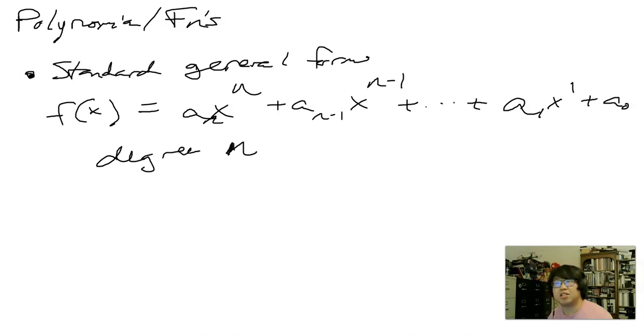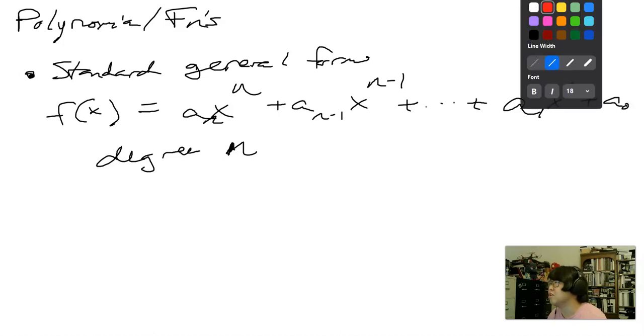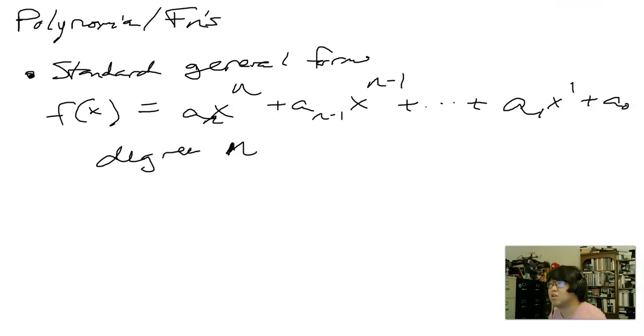And it's in the form where you have the highest degree first and the constant last. There's no x at the very end there, it's just the constant. So let's label these here as well. Degree n, the nth term, should always come first. And in addition to that, this a sub n is the leading coefficient.